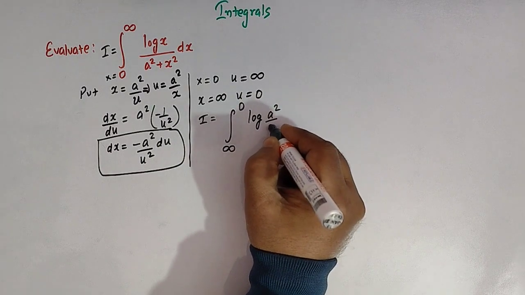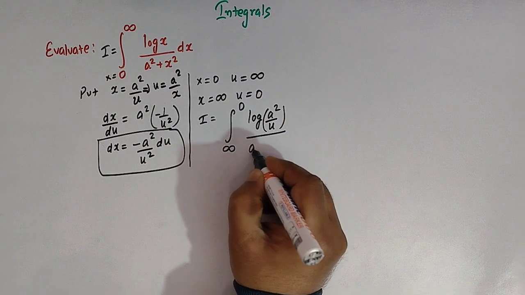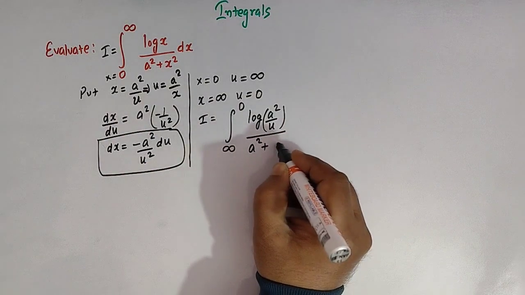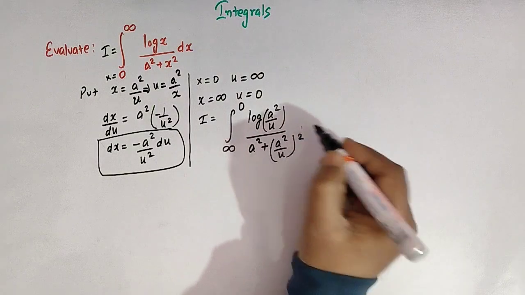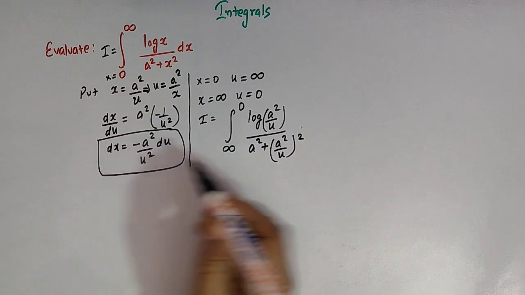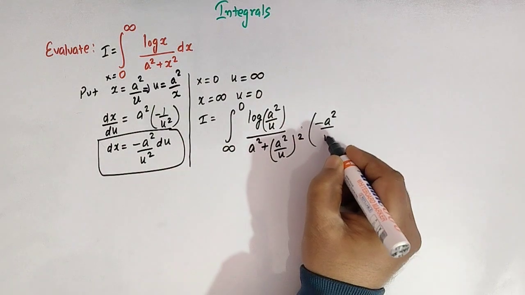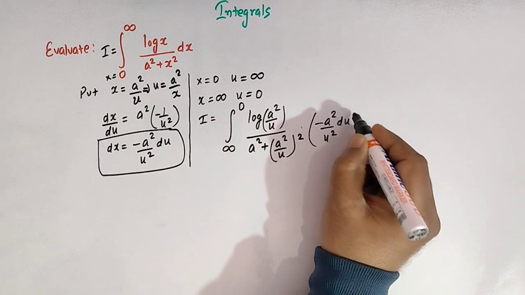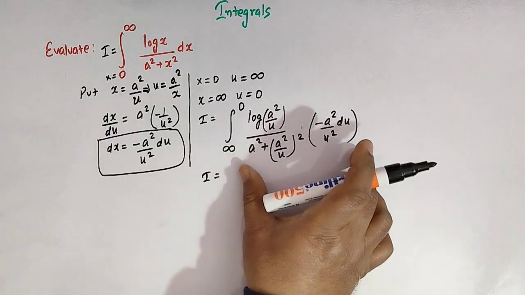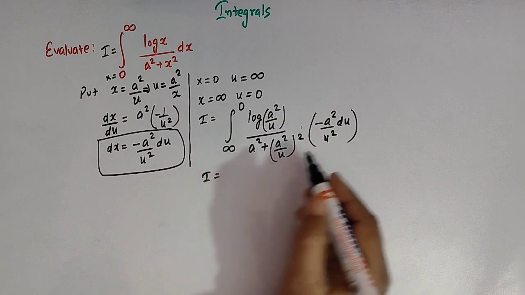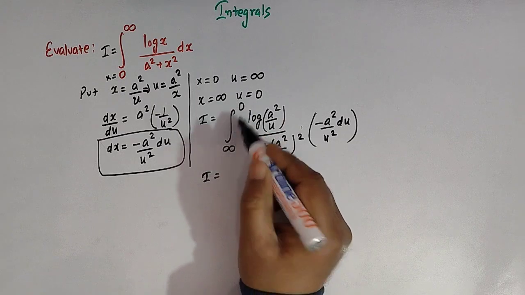So we have log of a square over u, and in the denominator we have a square plus a square over u, whole square, and for dx we can now write minus a square over u square du. Now this expression needs simplification, so we can remove this negative sign by interchanging the limits.